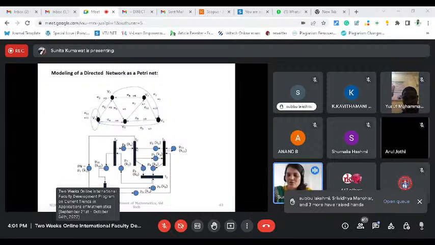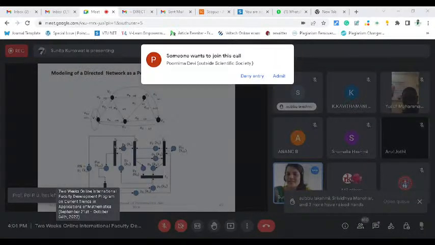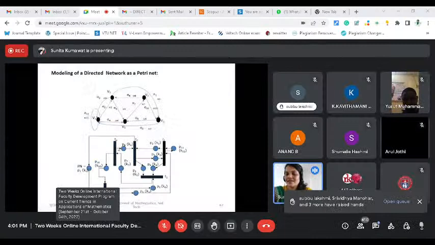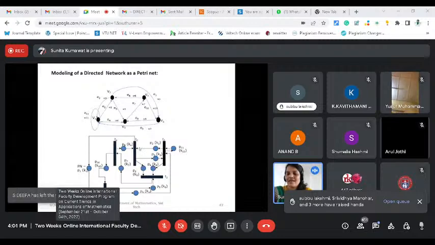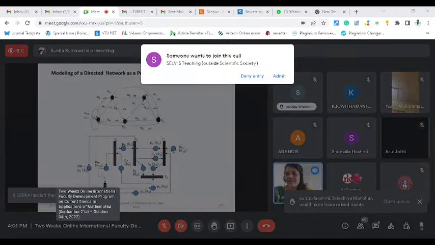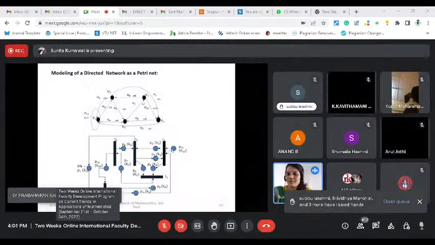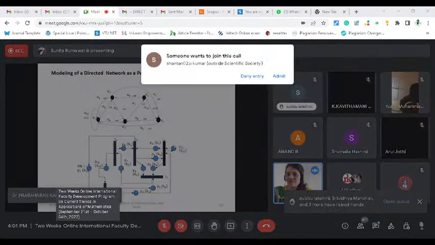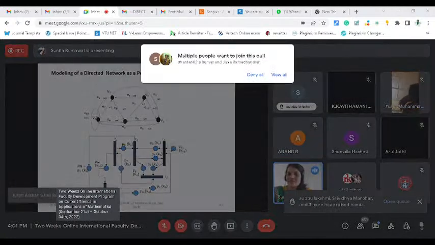But if there is output, like here P6 is the output place of T4, then there is plus. Means if there is an outgoing arc from the T4 transition to a place, then there is plus. But if there is an incoming arc from a place to a transition, then it is minus. And if a place is both input and output, like here only P11 is the input as well as output place of the T1 transition, so there is plus minus.